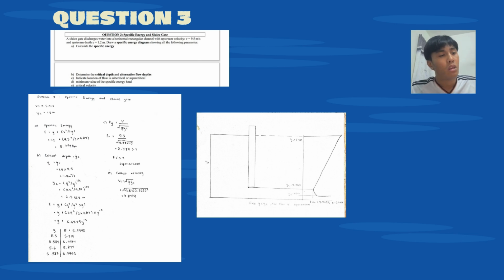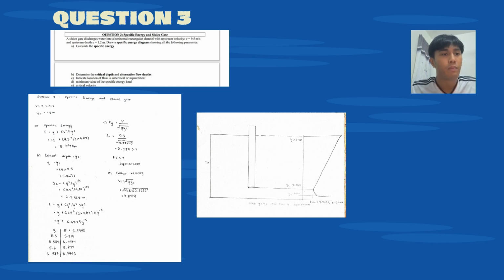And then we are going to indicate whether the flow is subcritical or supercritical. So we need to use the Froude number formula first.